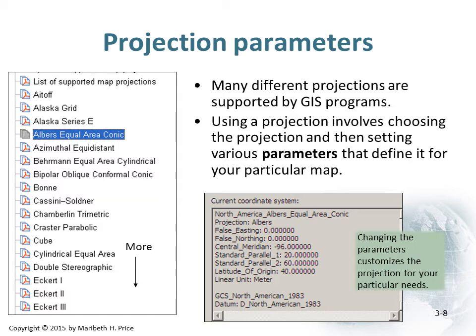If you go to any one of these individual projections, there's a whole bunch of parameters that go along with them that allow these projections to be used in lots of different GIS systems.